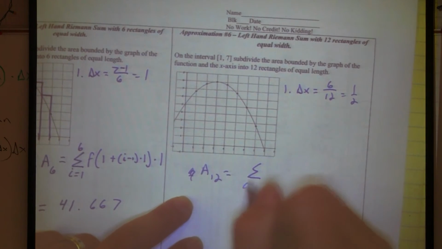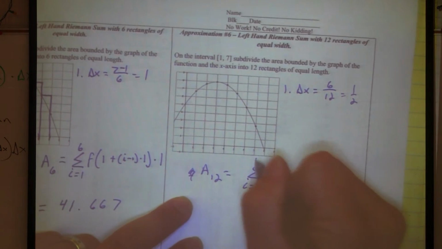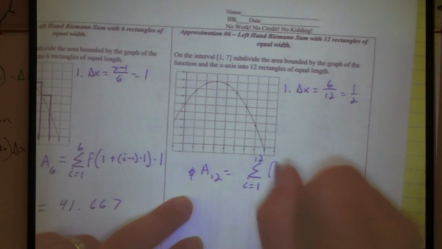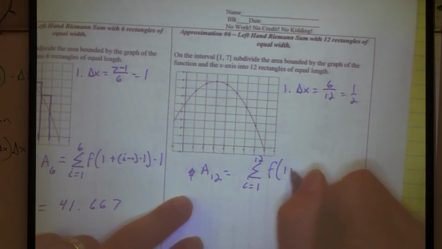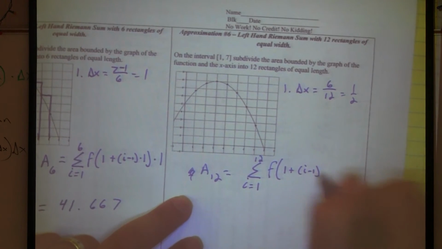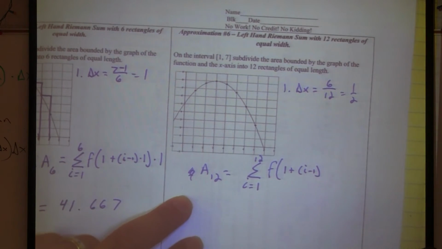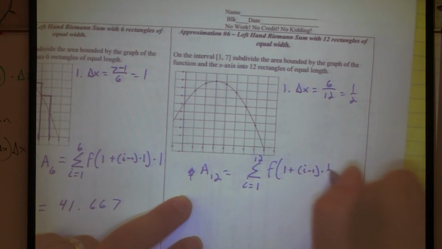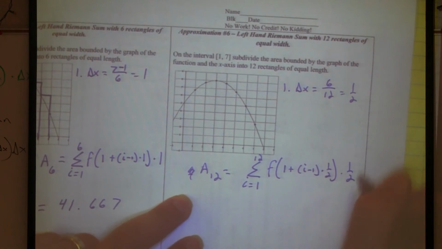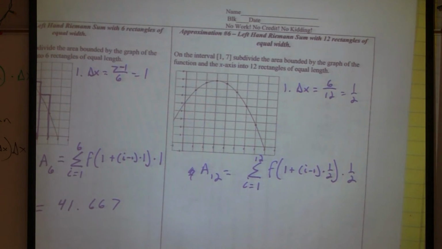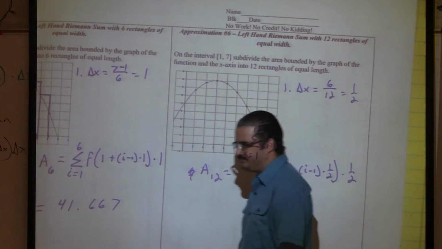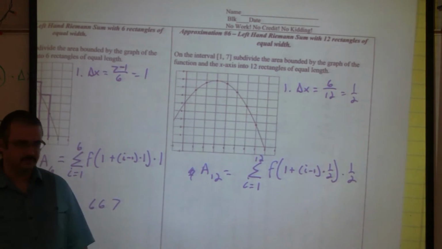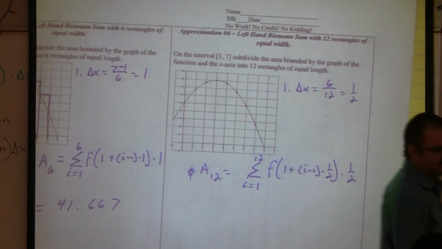The summation from i equals 1 to 12 of f of 1 plus (i minus 1), because we're doing a left-hand Riemann sum, times half, times half. Depending on the Riemann sum you're doing is what's going to go here, okay? What does this bad boy give?